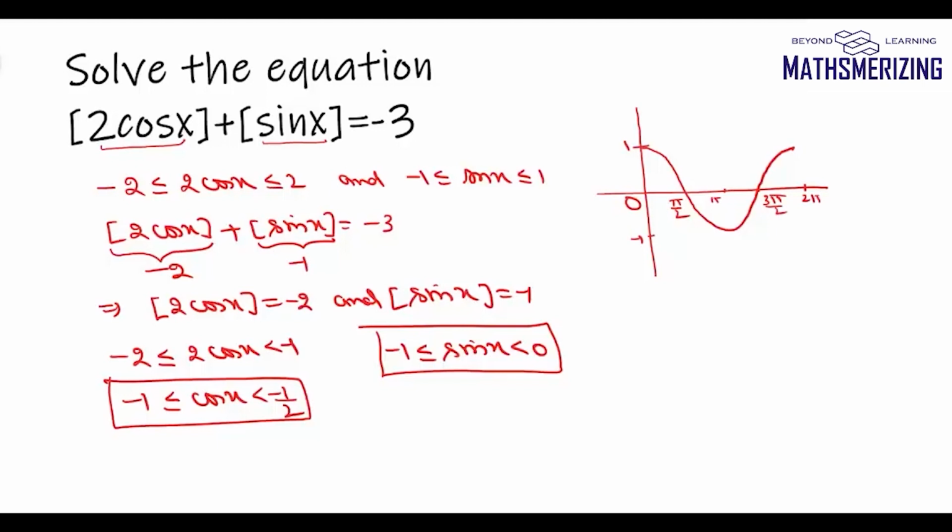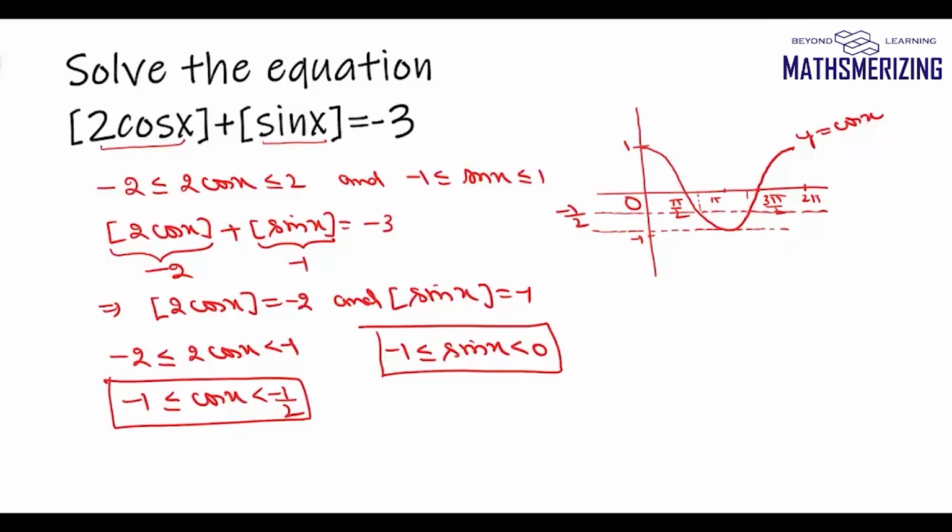So that is the graph of y equals cos x, and I'll need to find a region where the value of cos x lies between -1 and -1 by 2. So I need to find where it lies between -1 and -1 by 2.